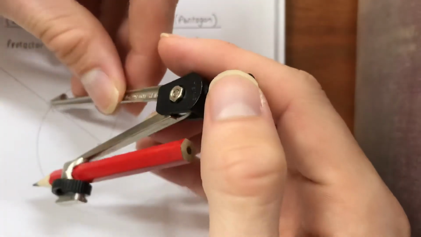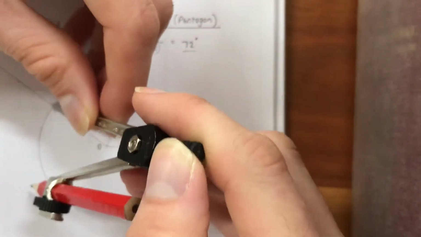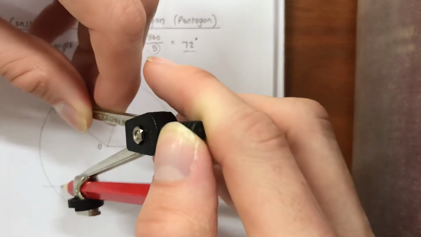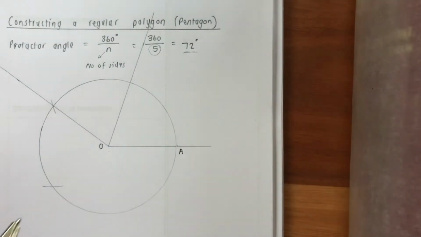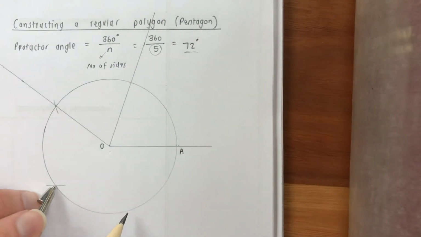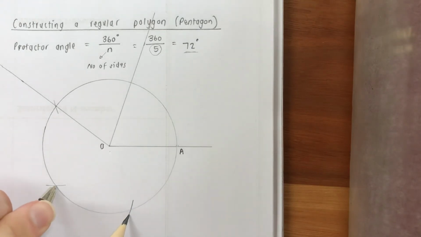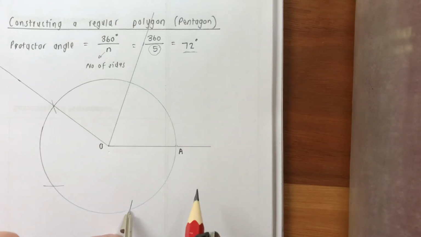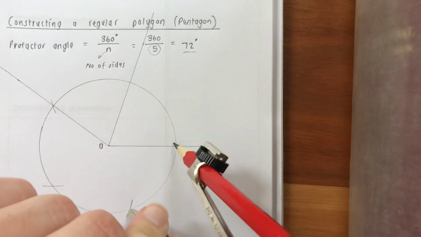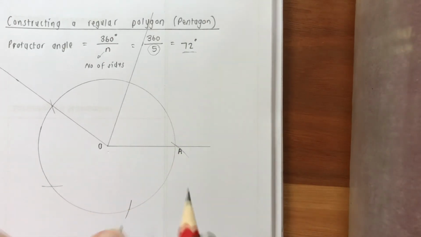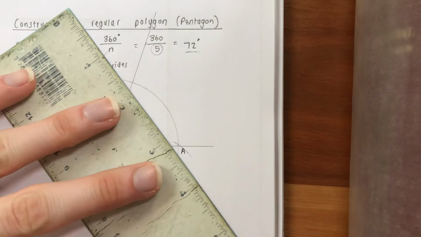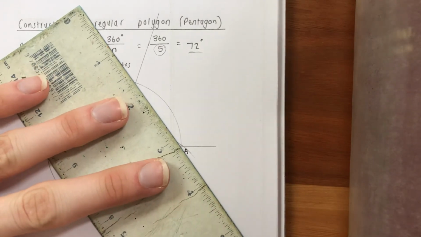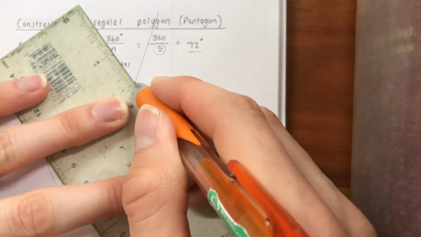Then you're going to do it again. So place it on that mark there and create your arc there. Place the tip of the compass right on that point there, create the arc. And then right on that point there, and as you can see, it goes through that point there. Okay, be sure to work very accurately, and all that's left to do is for you to connect these points.